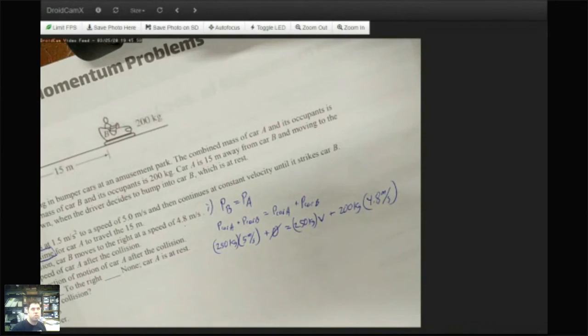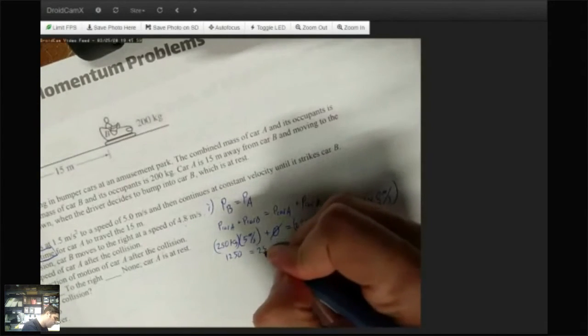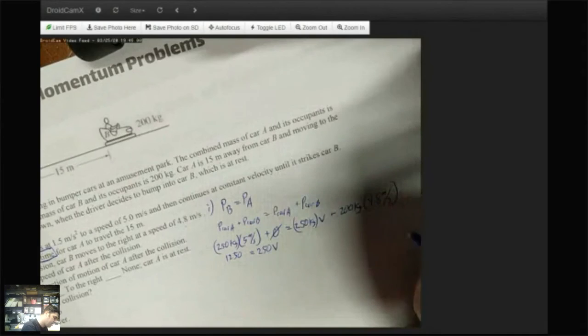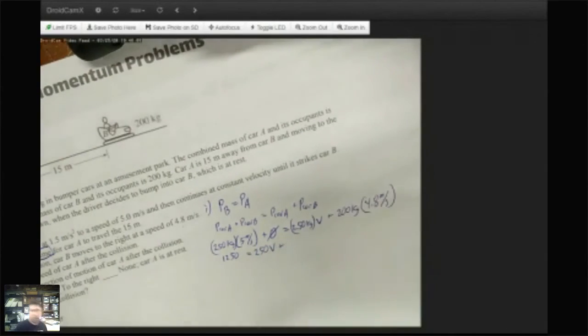All right, here's where we'll grab a calculator and do some number crunching. So if we do this, 250 times 5, 1250 equals 250V plus 800. You know, this is where you've got a calculator, you're going to use it. I don't have a calculator on me because I wasn't prepared. It's bad of me.